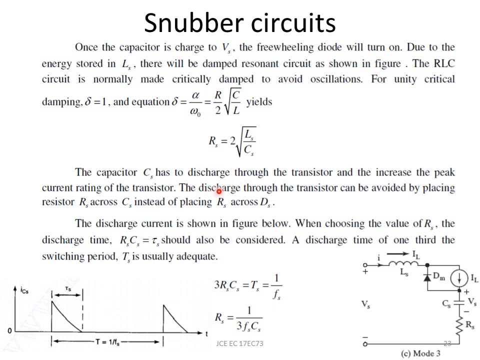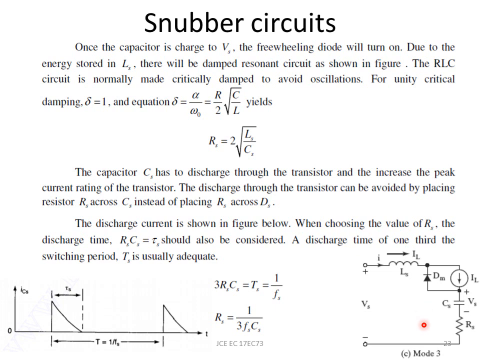Now the capacitor Cs has to discharge through the transistor. The transistor is off, and it cannot discharge like this, and it would increase the peak current rating of the transistor. What happens is, this is off and now let's say I turn it on. When I turn it on, there is some high value of capacitance stored here, which has made this forward bias.